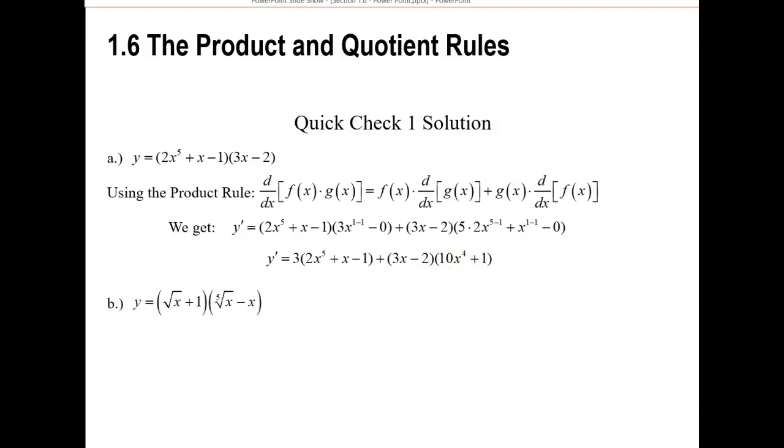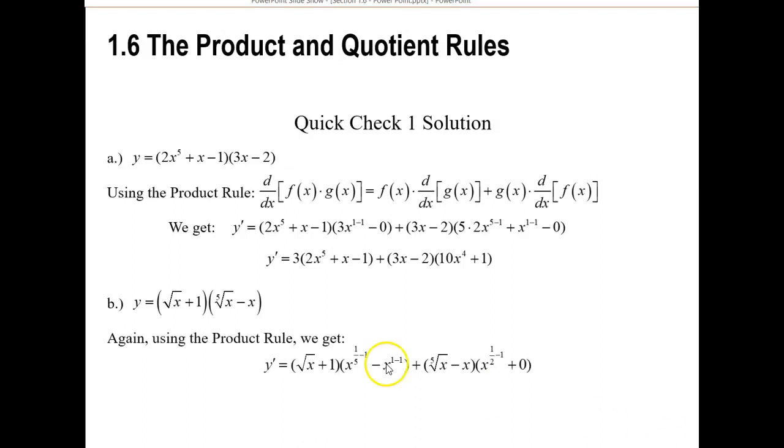All right, our second example, we have a product, square root of x plus 1 times the fifth root of x minus x. So again, our product rule. The first function, square root of x plus 1, times the derivative of the second. So it looks like here they skipped a step. This should have been written as x to the 1/5, right?